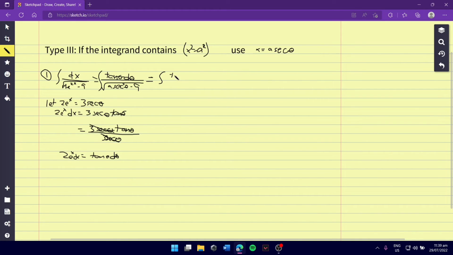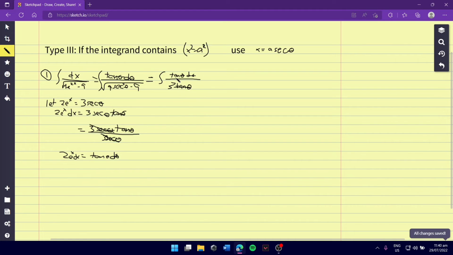So we have tangent of theta d theta over the square root of 9 secant squared theta minus 9, which is 3 tangent theta.